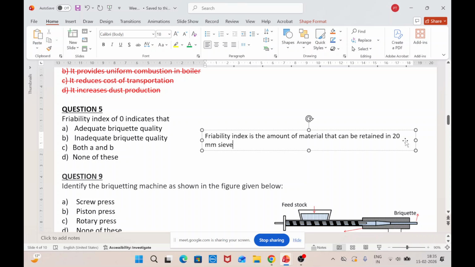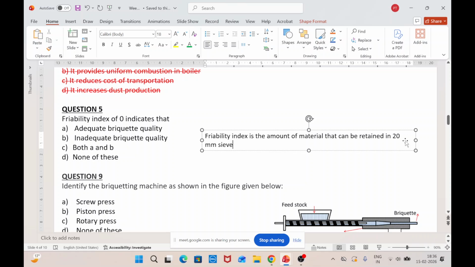I said that for each briquette, the diameter is going to be more than 30 millimeter in dimension. So if no briquette remains in that 20 sieve, it typically represents that all their sizes are less than 30, or that they have been fragmented.